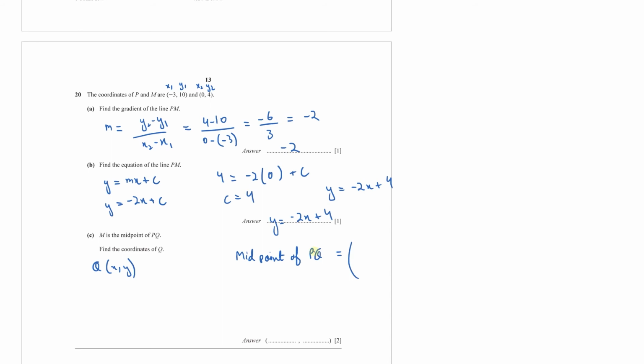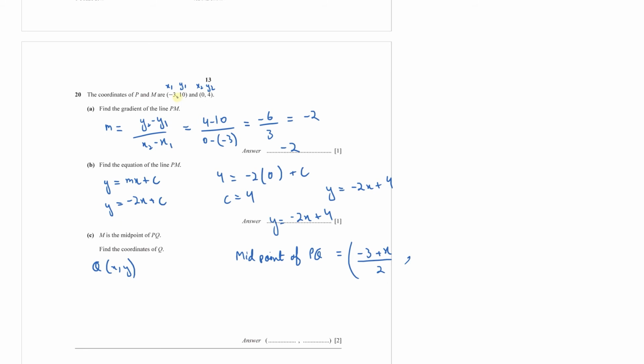So what are the x coordinates of P and Q? P is minus 3, Q is x, and then divide by 2 is your midpoint for the x value, and you do the same thing for the y value as well. So what's the y value of P? It's 4. Oh, sorry, it's 10 actually.